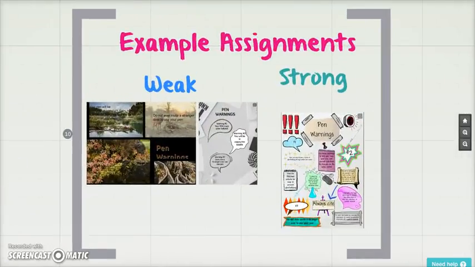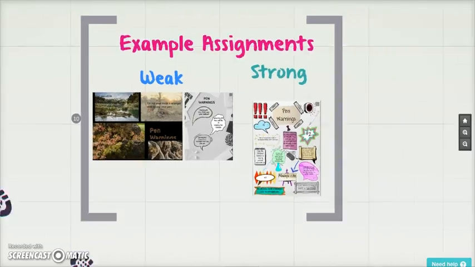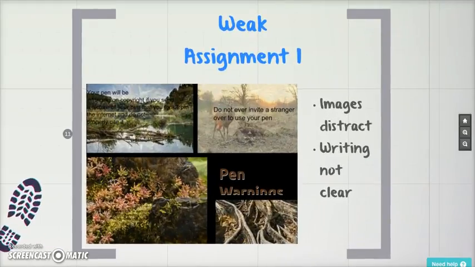Now I'm going to dive into some example assignments and what constitutes a weak and a strong assignment. Weak assignment 1 is this example on the screen. Reasons for it being a weak assignment are, first and foremost, the images are very, very distracting.